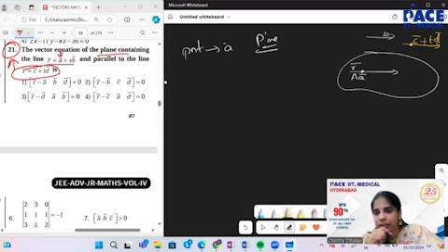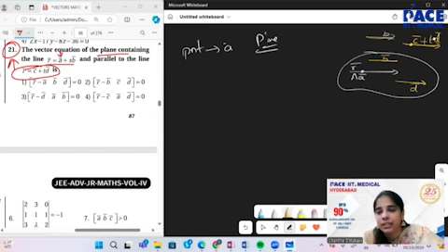Now think about it carefully. This line is parallel to vector B. As they are free vectors, I can bring that vector B here. And the other line is also parallel to vector D, that also I can bring down here.